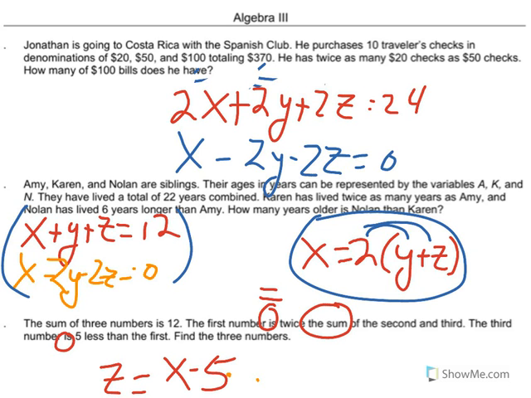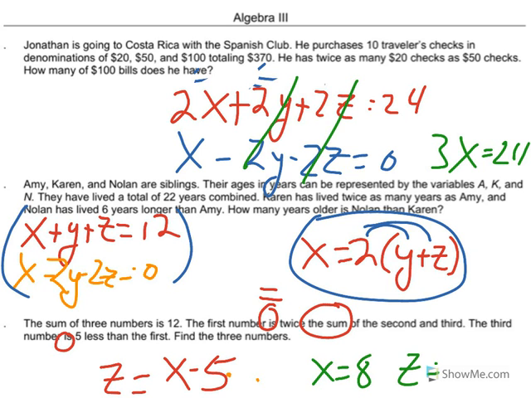Add straight down, my y's and z's cancel out, and I'll have 3x is equal to 24, so x is equal to 8. Well, I automatically know z, so I can plug it in and I get 3. And then I find y is equal to 1. Alright guys, that's all I have.